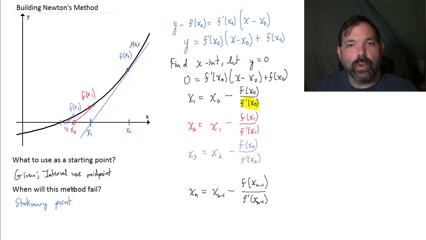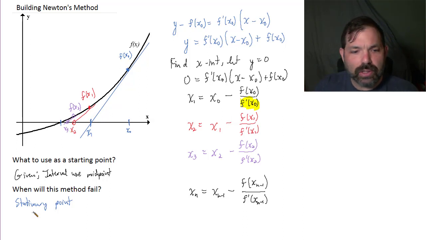If we had a stationary point, in a sense, what's happening there is, remember, you get a horizontal line. And if our tangent line is horizontal, it'll never intersect the x-axis. The method fails.